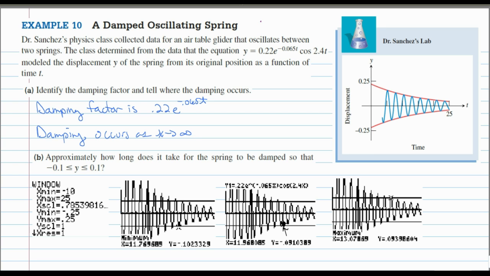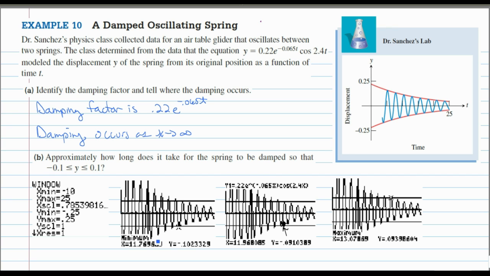Now part B asks approximately how long does it take for the spring to be damped so that the y values are between negative 0.1 and 0.1. Well, because it's hard to see on their picture where 0.1 exactly is, I can get a good idea, but not exact.